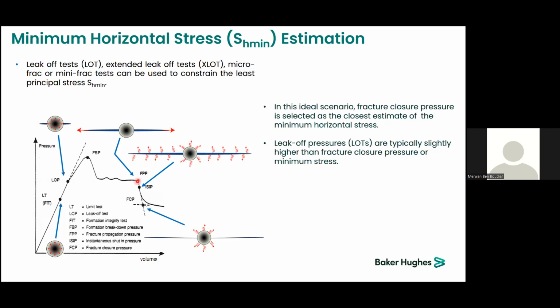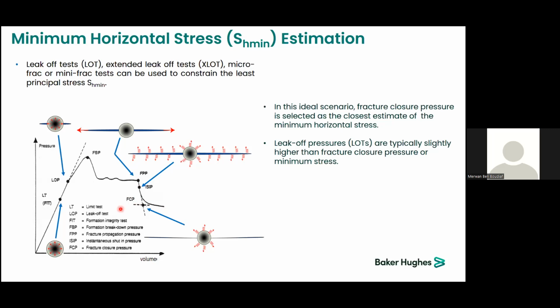Then, stopping the pumps, you observe the natural decline, and from the analysis of this decline we can get the fracture closure pressure, which is the best estimation of minimum horizontal stress that we can have.